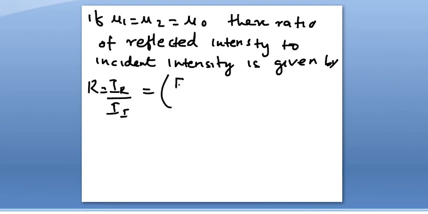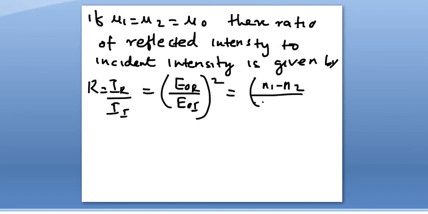It is E0R by E0I whole square, which is equal to n1 minus n2 by n1 plus n2 whole square.